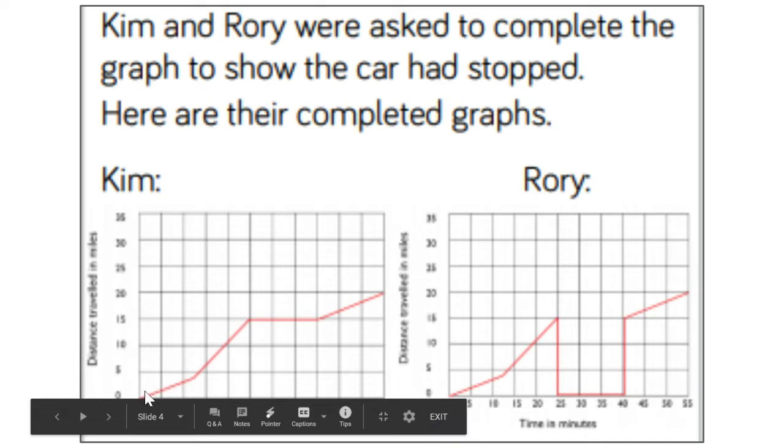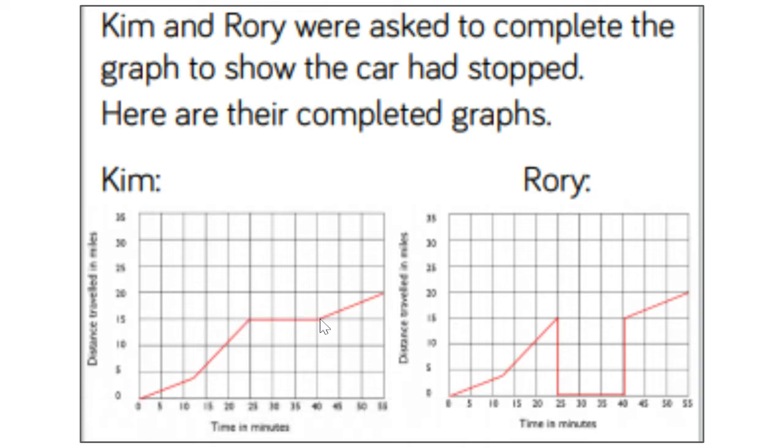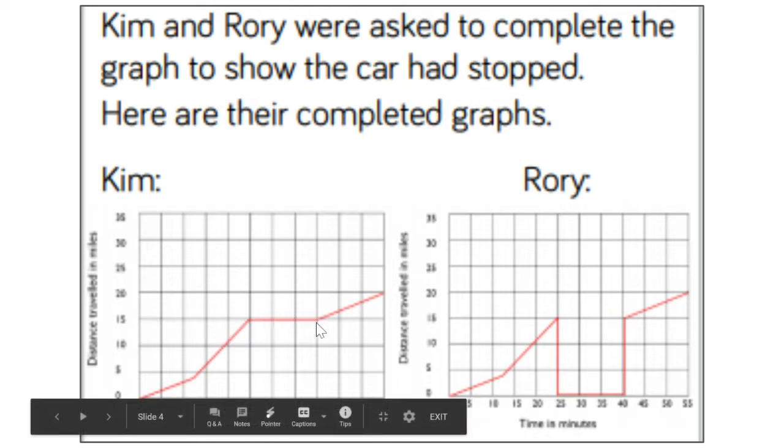We have the graphs starting normally and continuing. There they are up to this point here, which is, as we can see, 25 minutes. And then all of a sudden, the graph starts again on the other side. Now, Kim has said that, well, I just joined this point to this point, and that what's happening is there isn't any further distance traveled, okay?